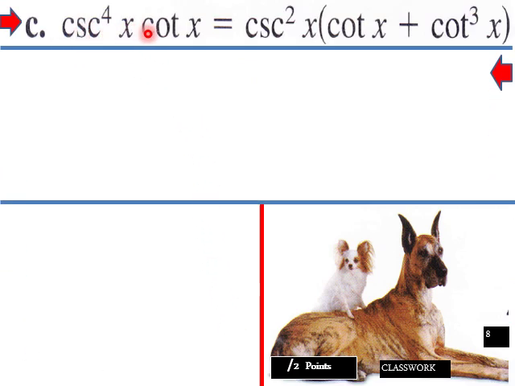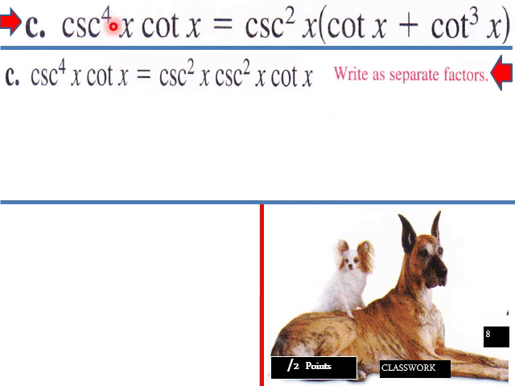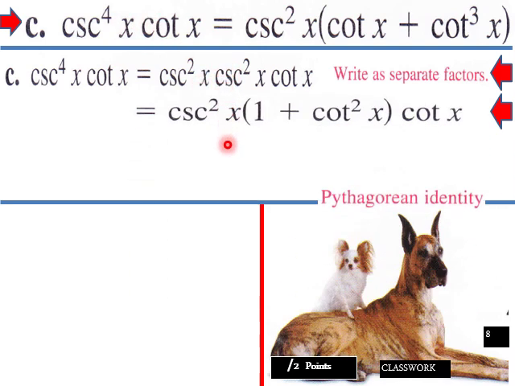When we simplify that back, we go into C now. Cosecant to the 4th x cotangent x equals cosecant squared x cosecant squared x cotangent x. Write as separate factors. So we break this down into that.